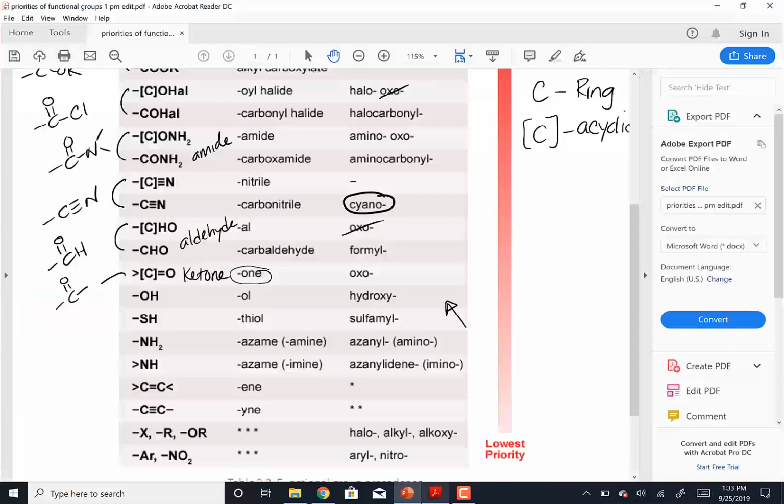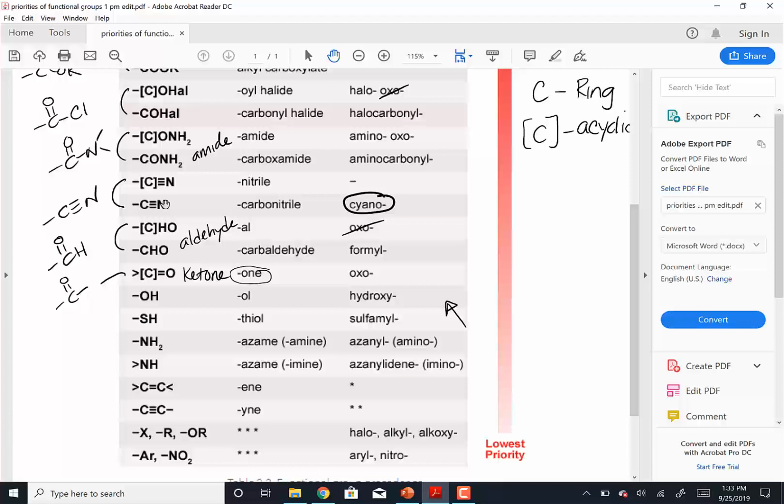Now you might say, how did you know that? I'd have to go back to my chart. My chart says an aldehyde here, the C double bond O H is higher than amine. So the aldehyde wins. And if you're looking at this chart, one of the things that you see is all the groups that automatically have to be at the end of the chain are all given those higher priority seats.